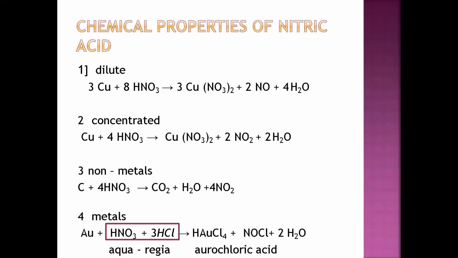This is considered to be the strongest acid because this is a mixture of nitric acid and HCl. So your goldsmith used the aqua regia to clean your gold, to remove the impurities out of gold.